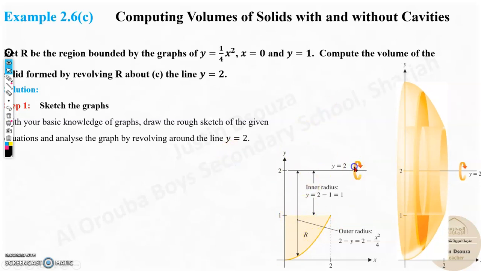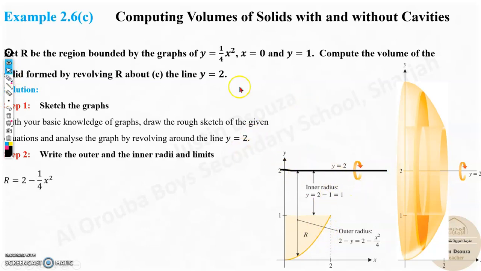Same like what we just now saw, inner radius and outer radius are formed. Outer radius would be from this, though, you need to consider. So it's a little bit tricky. Whenever you have a certain line like this, whatever is the inner radius or the outer radius, you need to do 2 minus that.